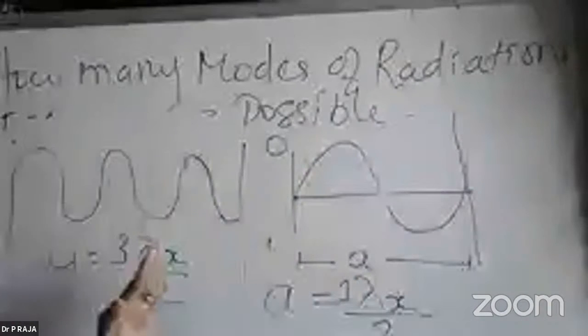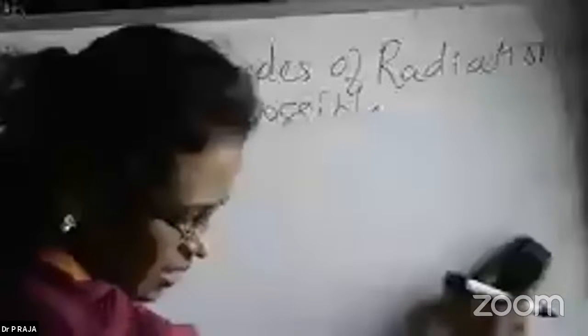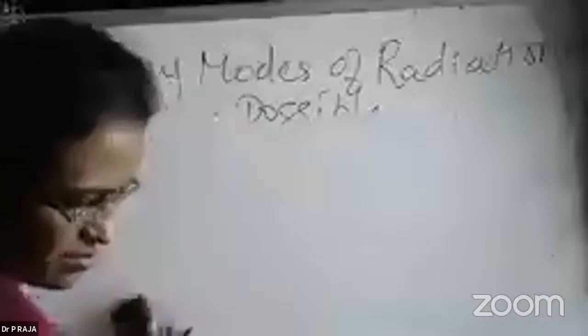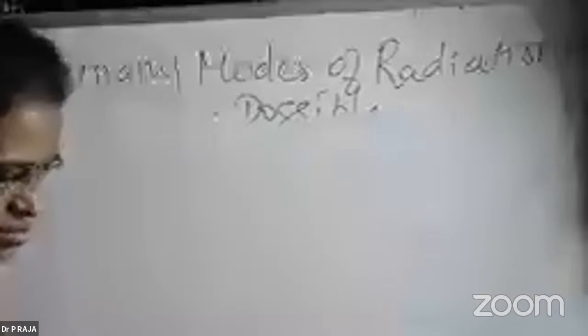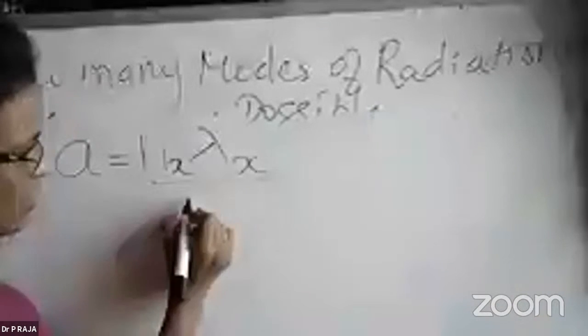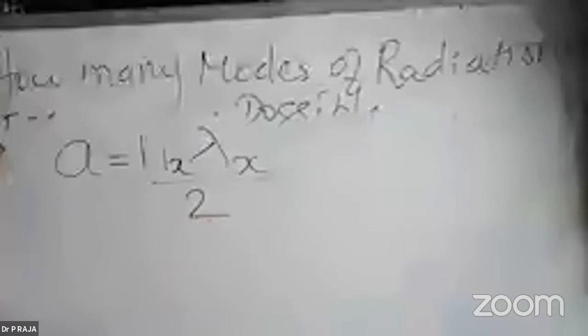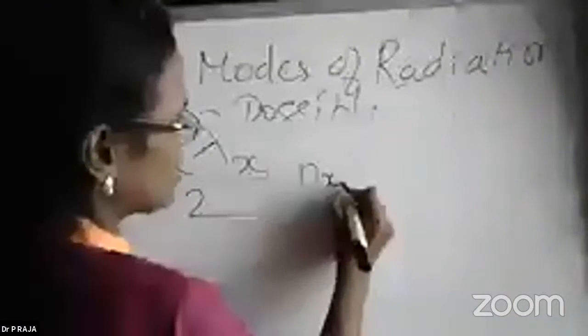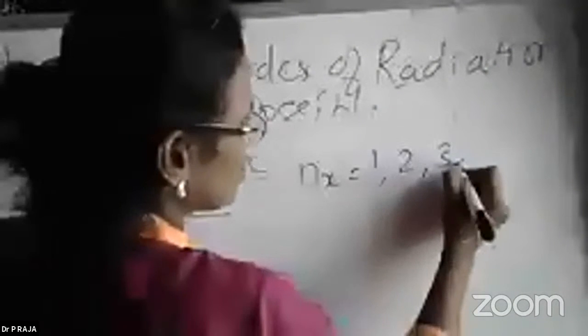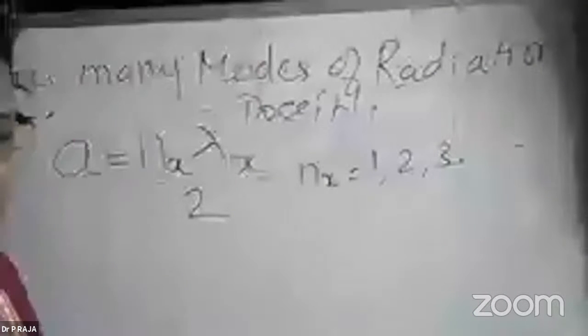So there can be n number of waves in a particular black body cavity. I can generalize this equation as a equal to nx times lambda x by 2, where nx refers to 1, 2, 3, etc.